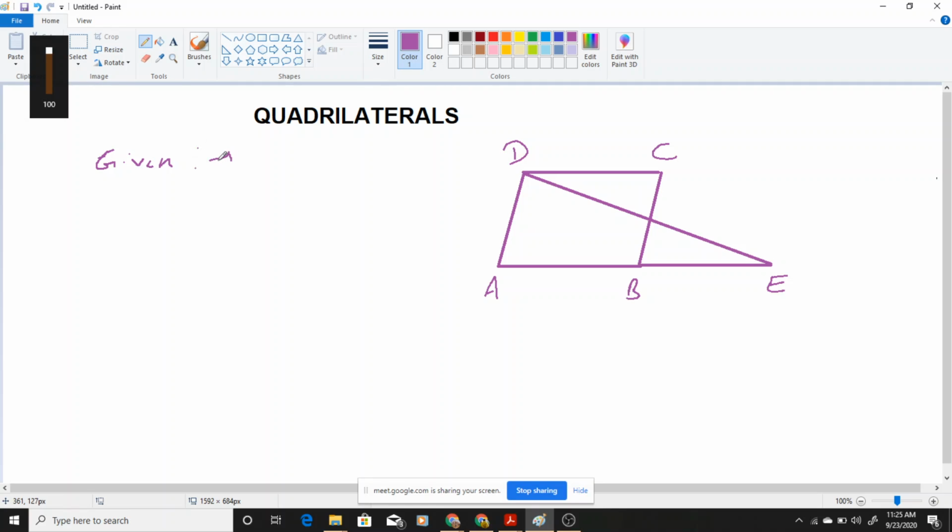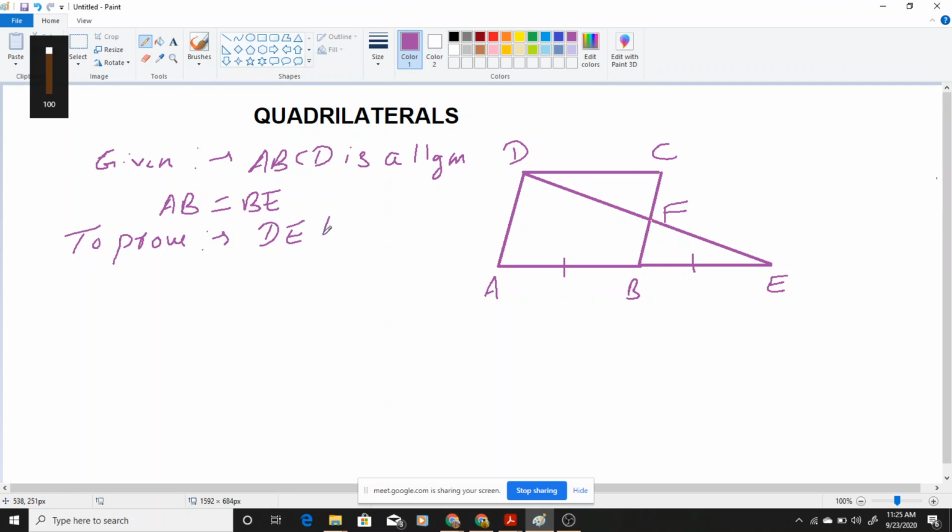The thing that is given to you is that ABCD is a parallelogram, and AB is equal to BE, that is the extended part of this AB, and take this point as point F. Now you have to prove that this line DE bisects BC.